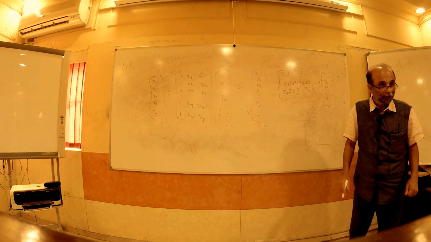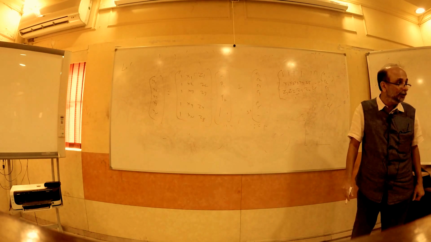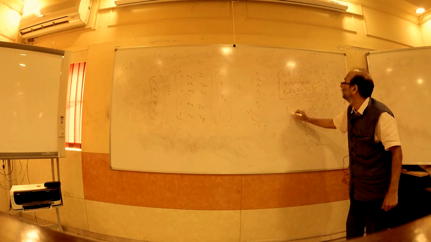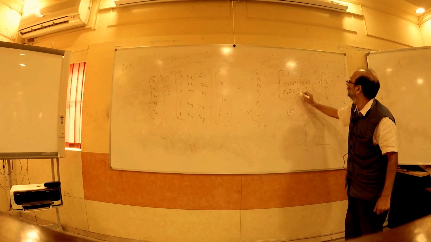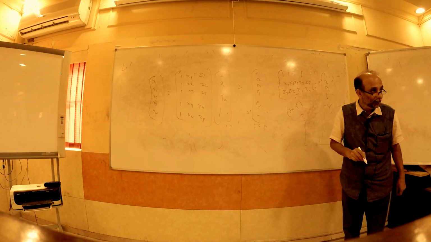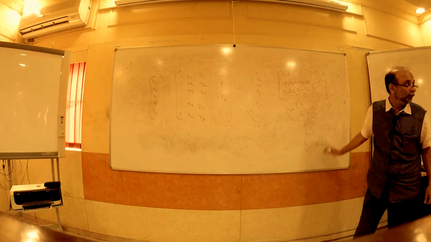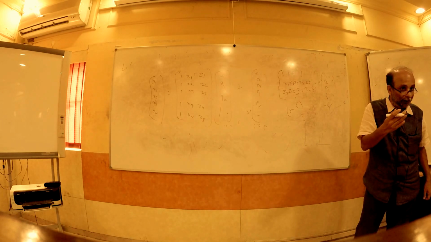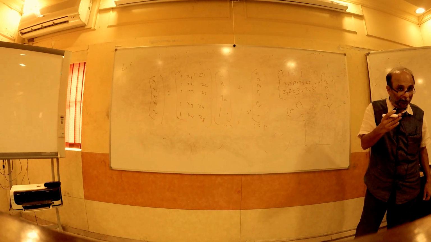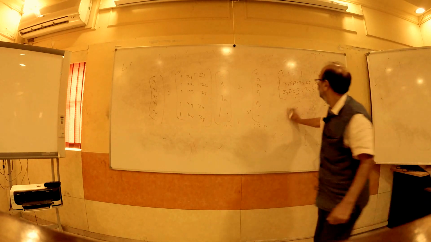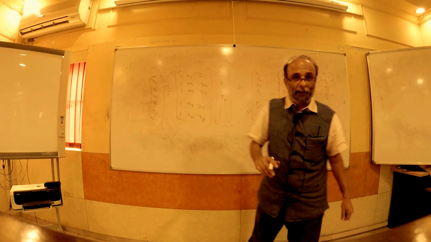This is X' e. I want to set X' e to be 0. Now this is a 3 rows and 5 columns matrix, right? This will be a 5 rows, 1 column matrix. So the resultant will be a 3 rows, 1 column matrix, right? Okay. So now if I multiply that, what do I get?